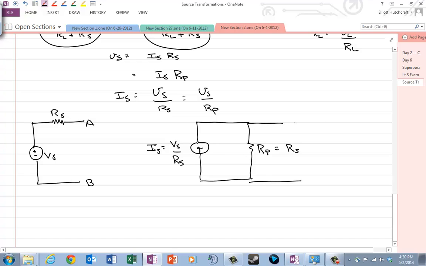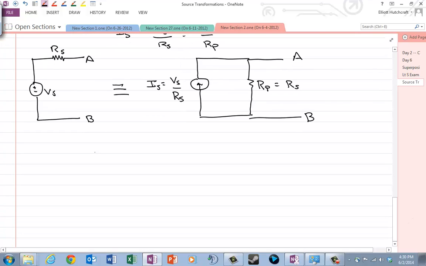And if I do that, then these two things are equivalent to each other. And so that means I can replace them.